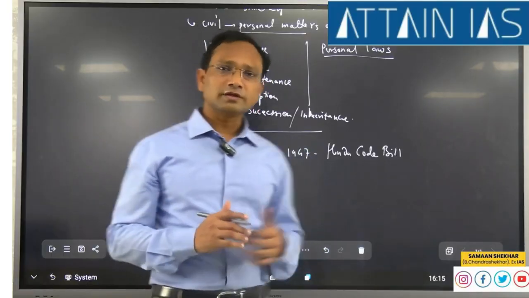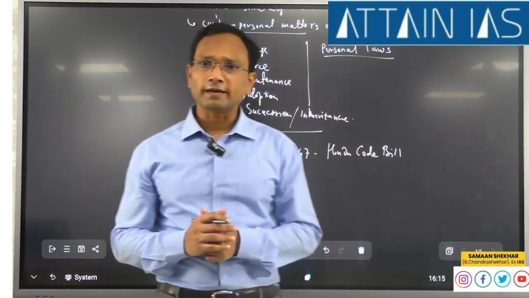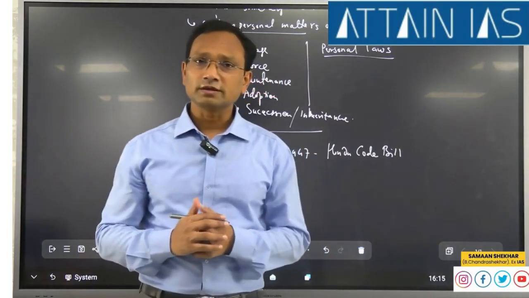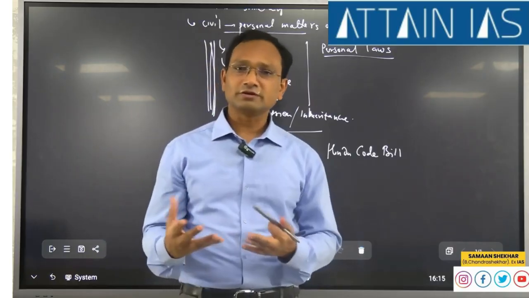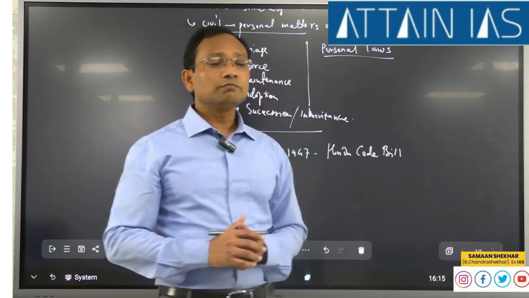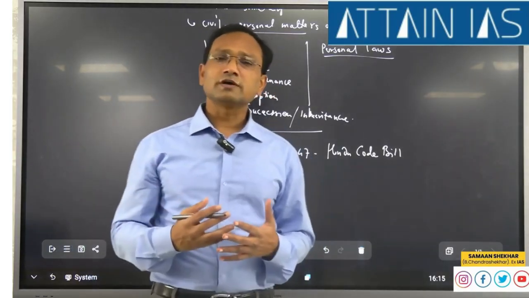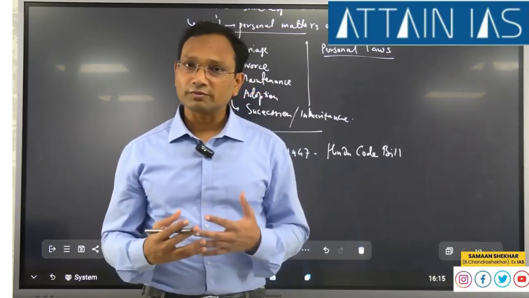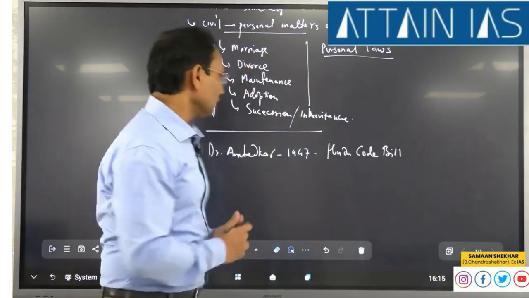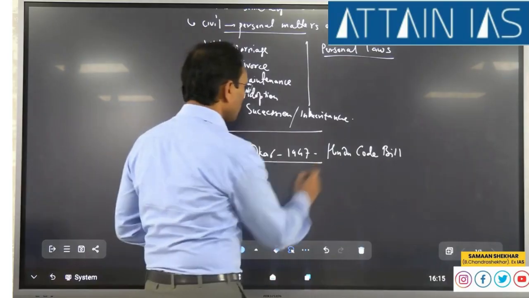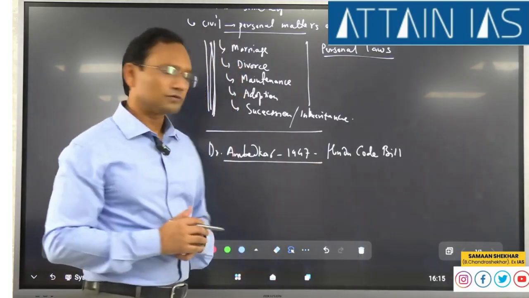So this bill was introduced as a bill before the parliament, that interim parliament. Now, this bill is one of the longest debated bills in the Constituent Assembly or that interim parliament. And the debates went on for more than 4 years.